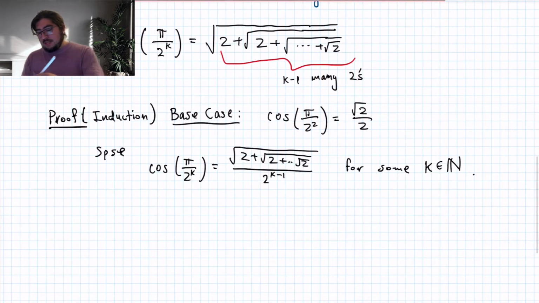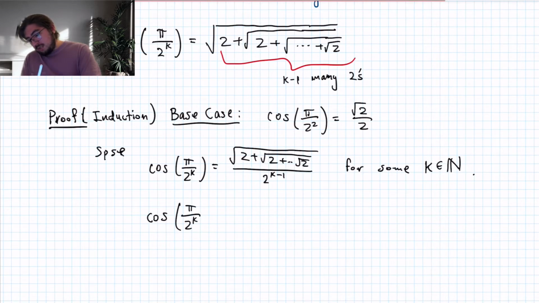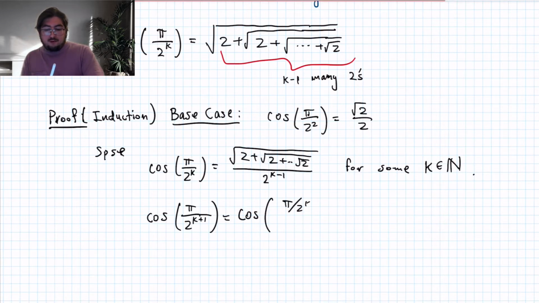So for k plus 1, what is cosine of pi over 2 to the k plus 1? If you think about it, this is the same as cosine of pi over 2 to the k, over 2. So in fact, what we're going to do is use the half-angle formula.